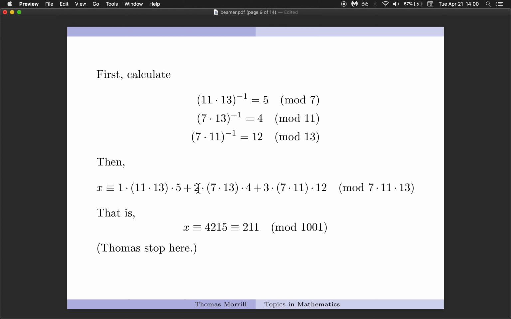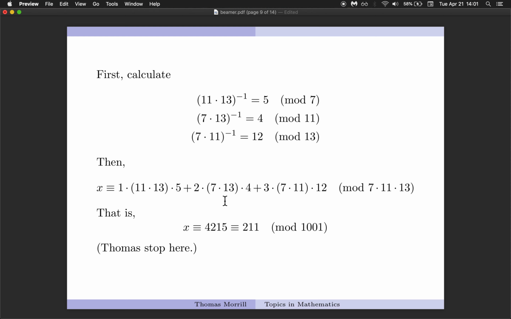So I'm supposed to have a residue of 2 mod 11. I multiply by both 7 and 13, and I multiply by the multiplicative inverse of 7 times 13. So I'll have 2 times 7 times 13 times 4.